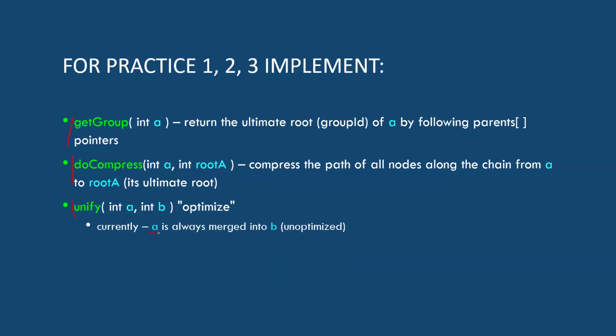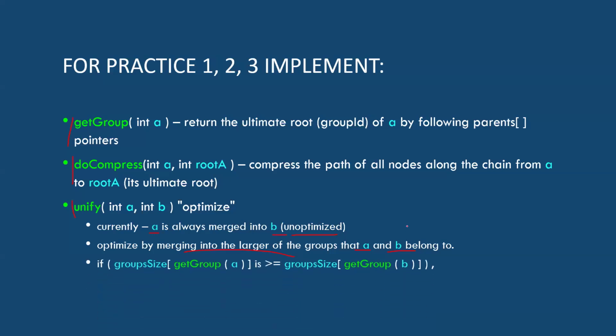And we will merge A into B if it's unoptimized. Otherwise, we will figure out which one is larger and then do the appropriate merge there. Which is essentially like saying if the group size of A is bigger than this, then we're going to merge B into A. Otherwise, we'll go the other way around.